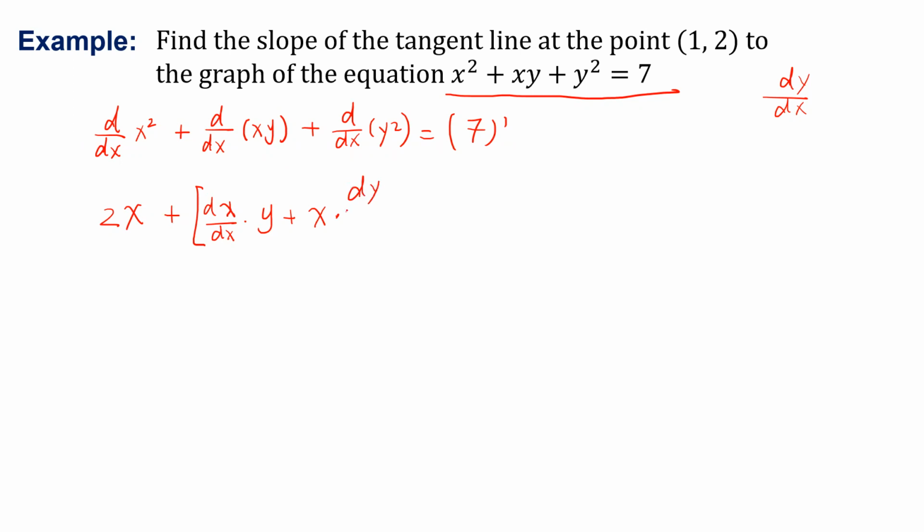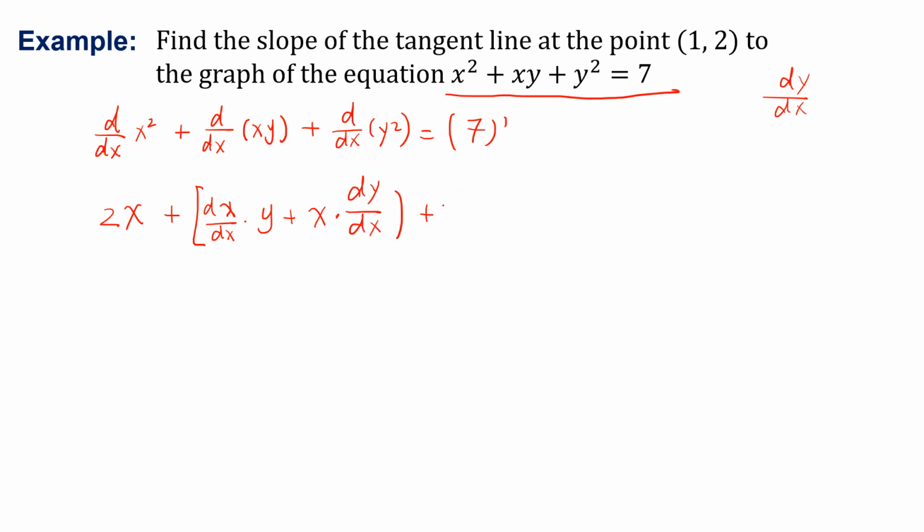So that's dy by dx, right? Then plus the derivative of the third function with respect to x. So remember, y is a function of x, so this is a composite function. To evaluate the derivative of a composite function, we need to use the chain rule here.